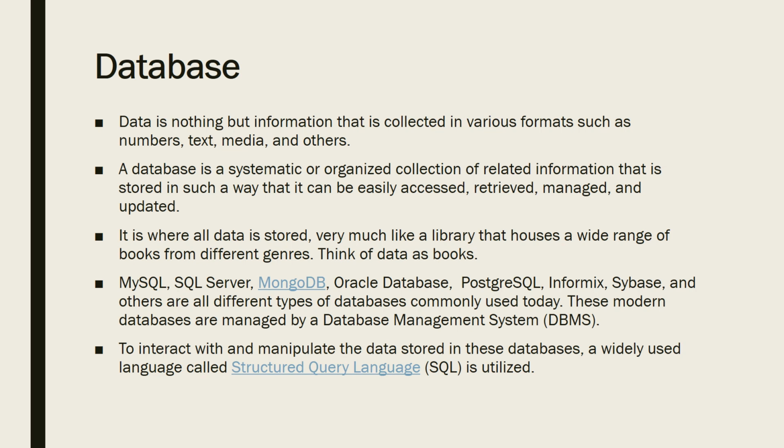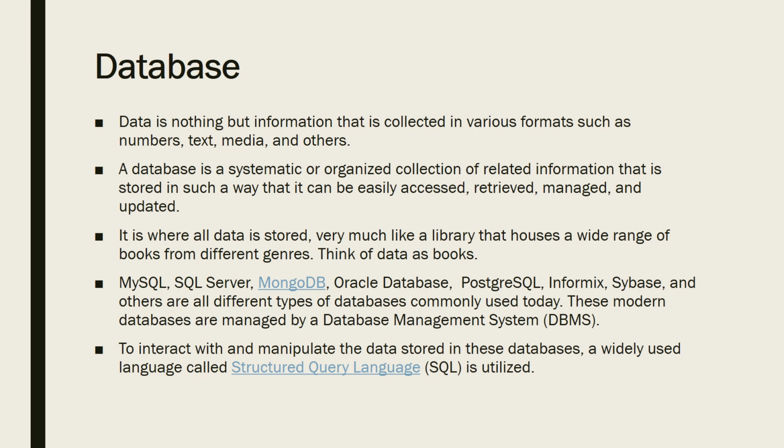Okay, so a database is basically a systematic or organized collection of related information that is stored in such a way that it can be easily accessed, retrieved, managed, and updated. It is where all data is stored, very much like a library that houses a wide range of books from different genres. Think of data as books, right?